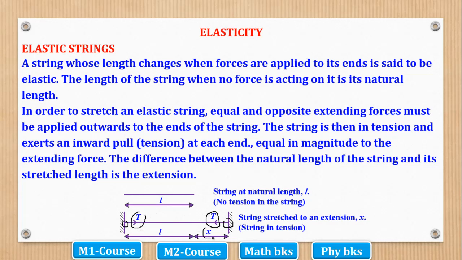This extra length is what we call extension. Here, realize that there is nothing like tension when there is no extension, because tension only appears when there is an extension.